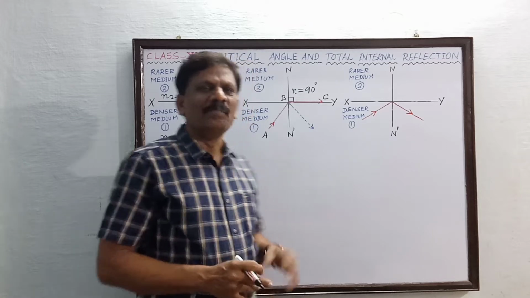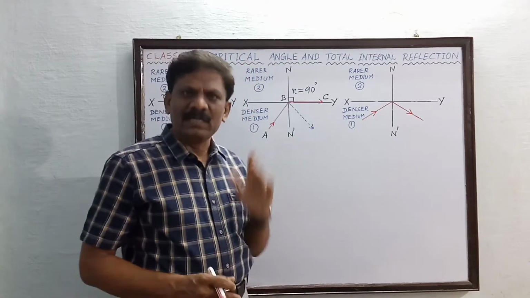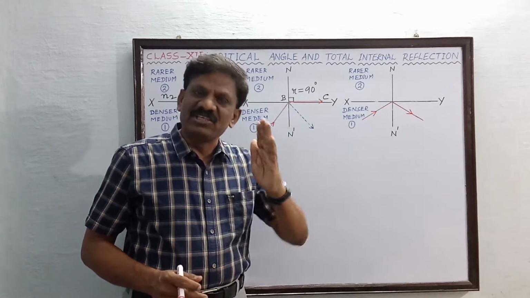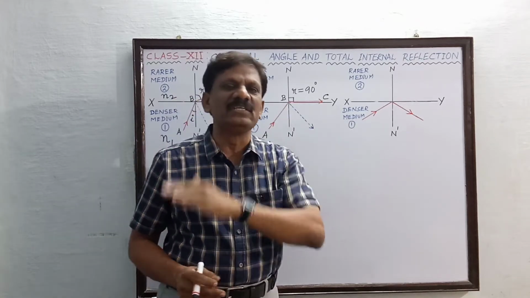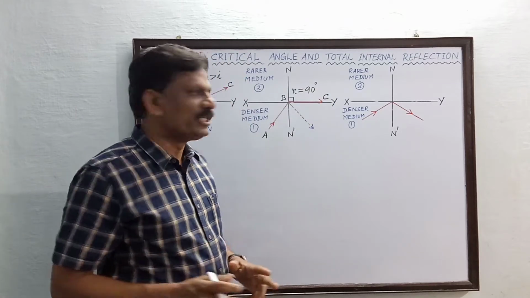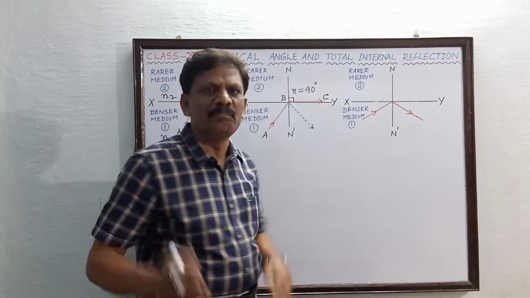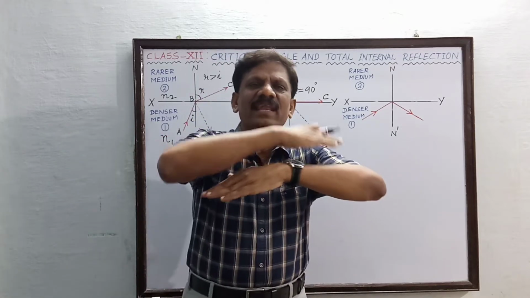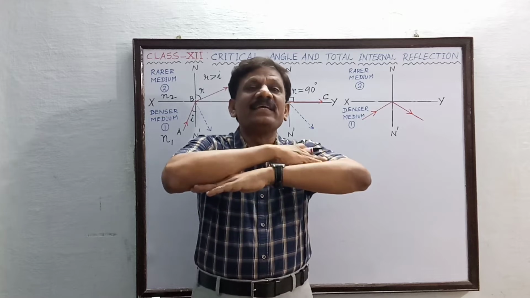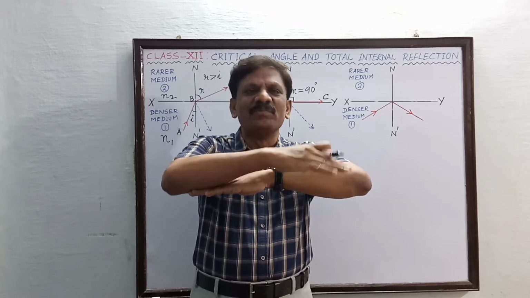Comparing to the first picture, I have increased the angle of incidence such that the angle of refraction has reached its maximum value, 90 degree. In this position, you can see that the refracted ray BC is lying on the interface XY. That means it is grazing the surface of separation between the two media.